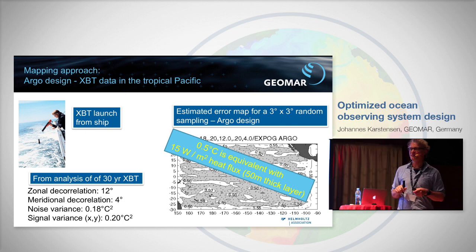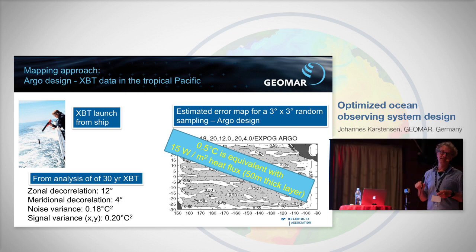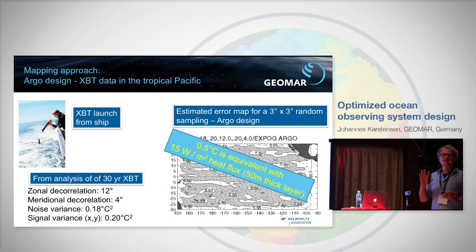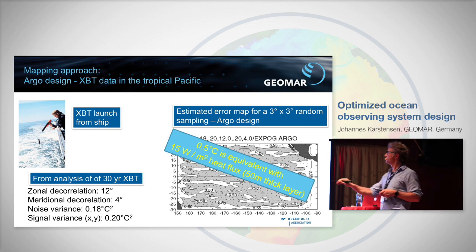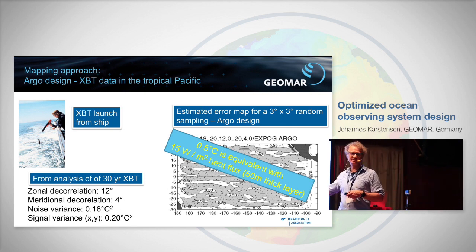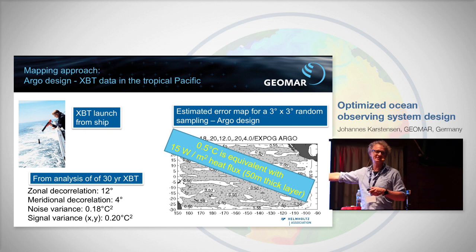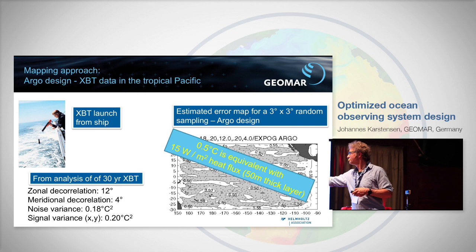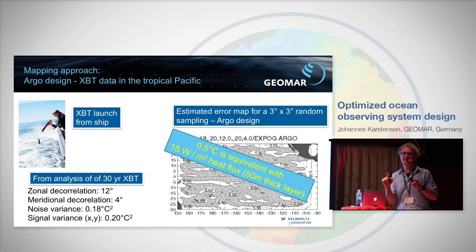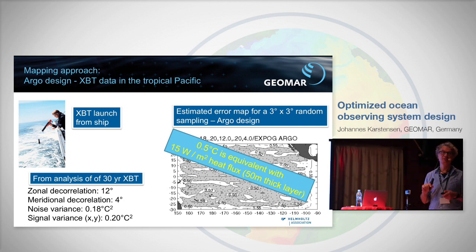At least at the time when the science plan was written, 15 watts per square meter was the typical net heat flux error. So in other words, a system with such floats would provide you with an estimate that is probably even better than the error you get anyway from net heat flux estimates.